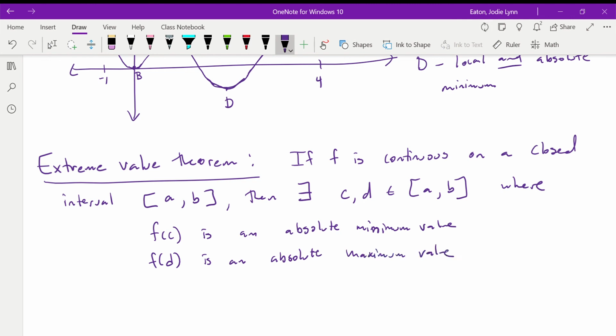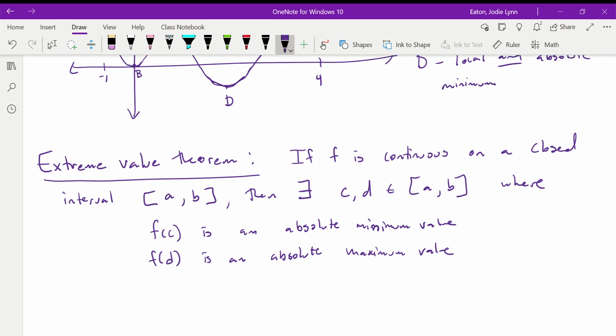So what this is saying is if you are on a closed interval, so that means it can't be continuing infinitely in either direction, and it can't be an open interval, so it can't kind of keep getting closer and closer but not quite get there. It has to have two endpoints. Then there has to be a highest value and there has to be a lowest value. Doesn't have to be unique, it could be repeated, but there has to be that value.